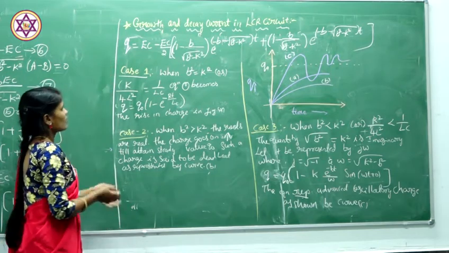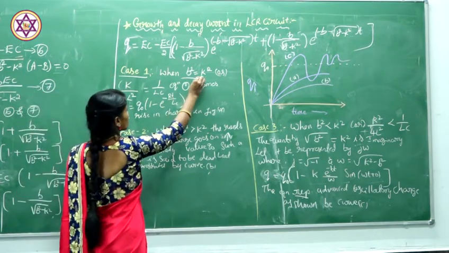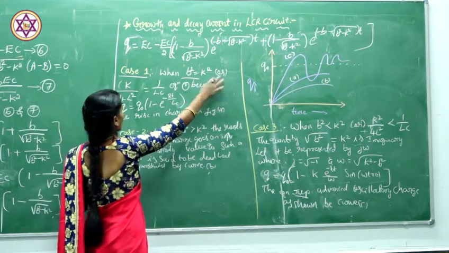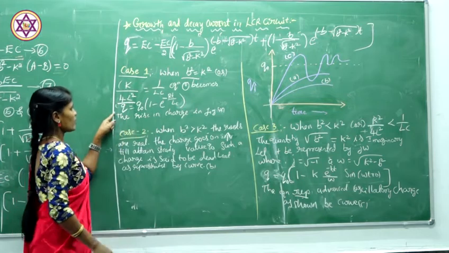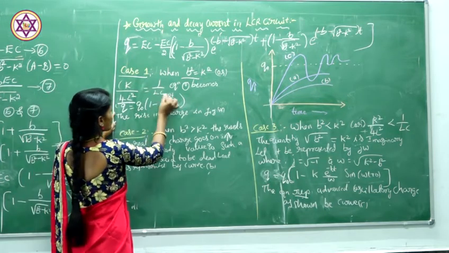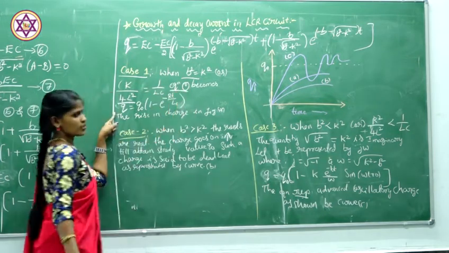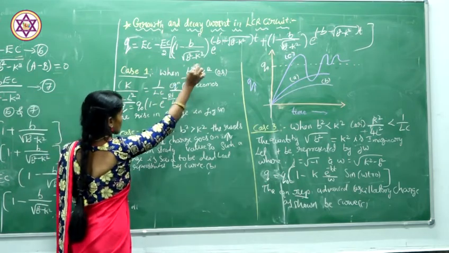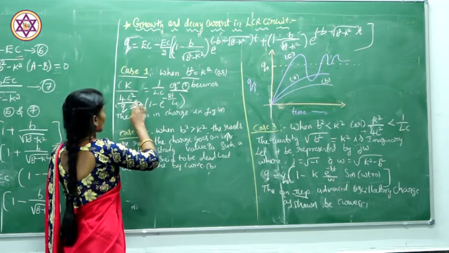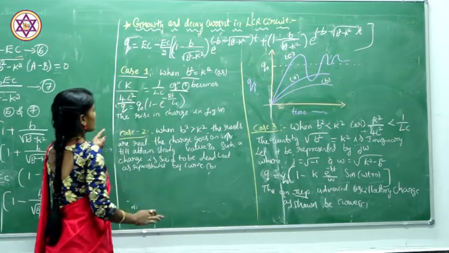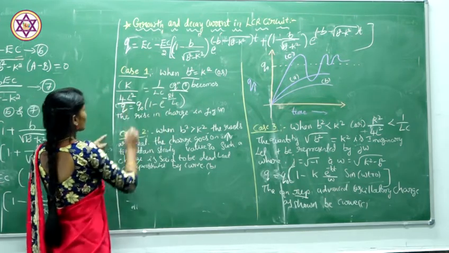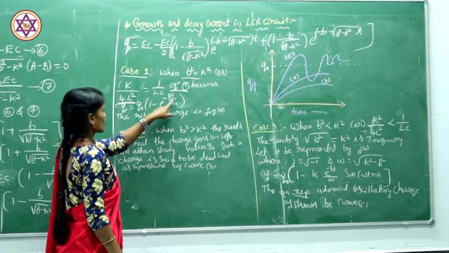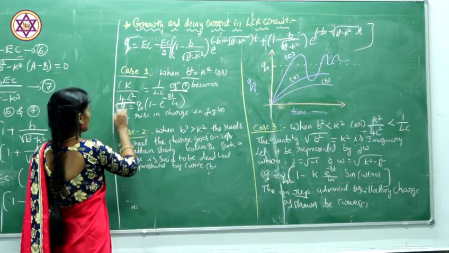Case number 1: when b square is equal to k square, or R by 2L square is equal to 1 by LC, equation 1 becomes Q is equal to Q naught into 1 minus e to the power of minus Rt by LC.